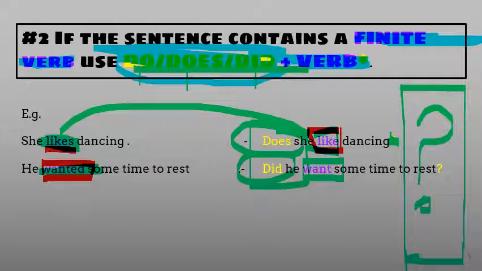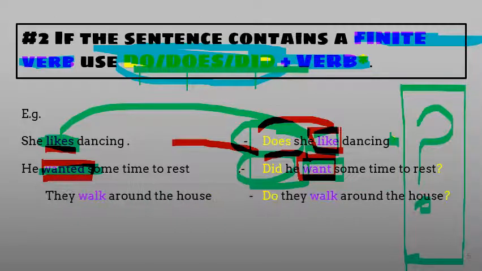He wanted some time to rest. But when I converted that into a question, I used my verb again in its most simple form. That is very important because after do or does or did, I always have to use the most simple form of my verb because do, does, and did already shows me the tense.